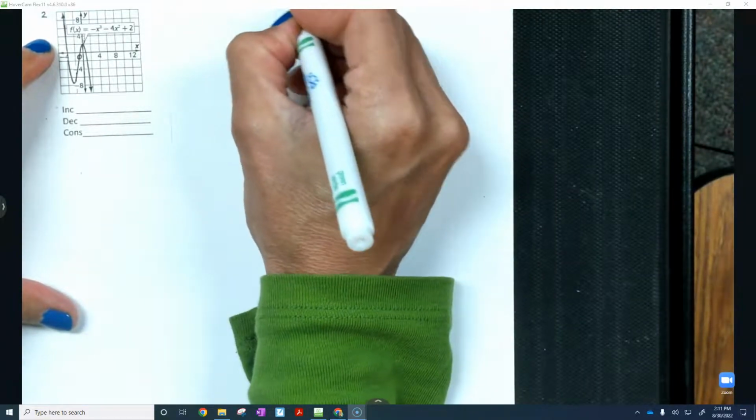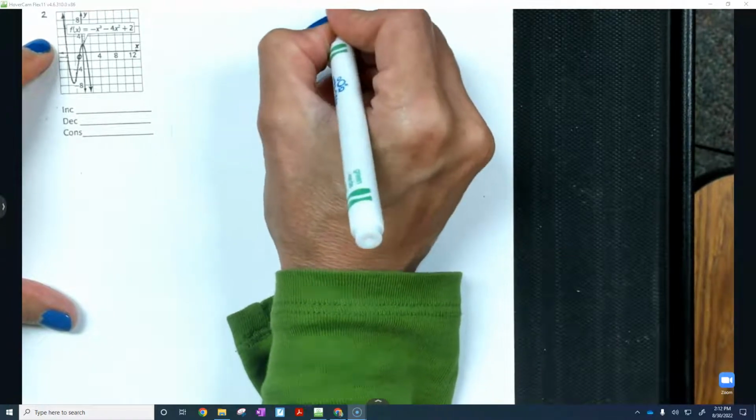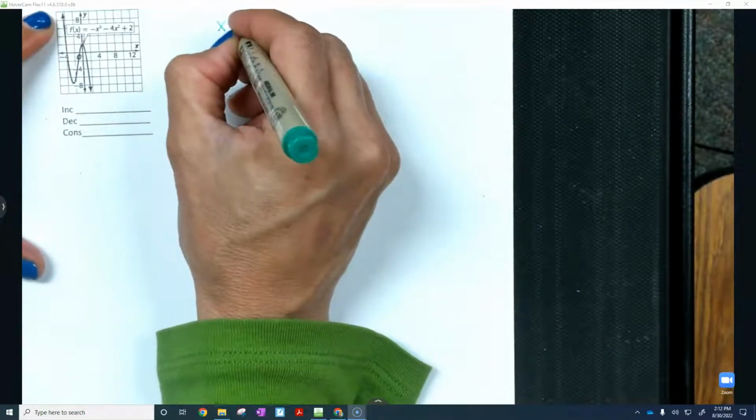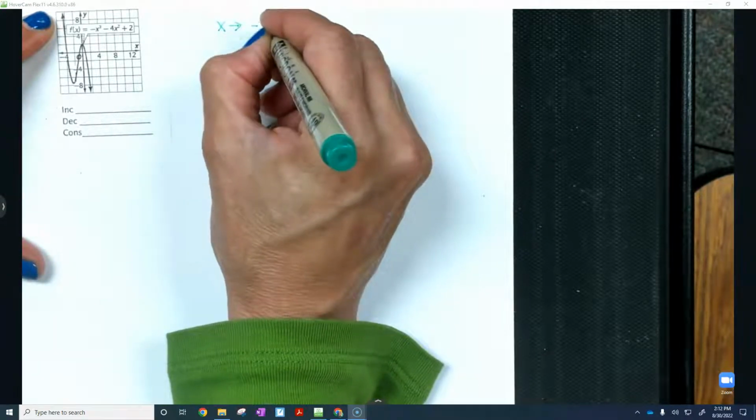So again, let's review everything we know so far. You know end behavior. End behavior, remember, is just about the arrows. It's always the same setup too, guys. To let me know that we're talking about the left arrow, x is approaching negative infinity.